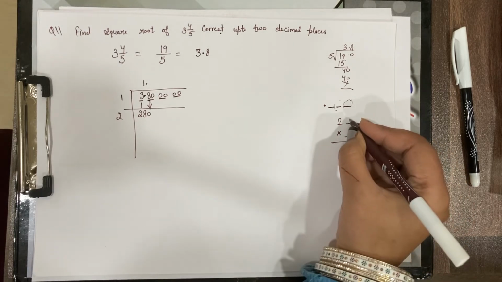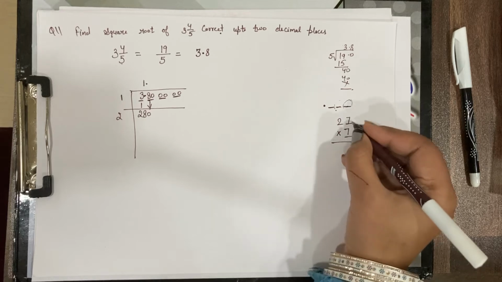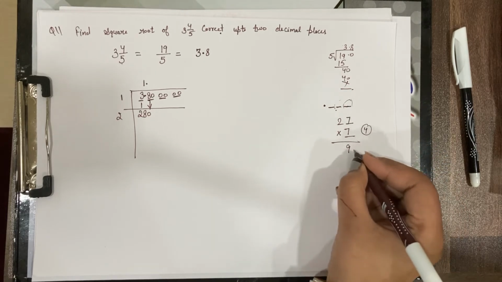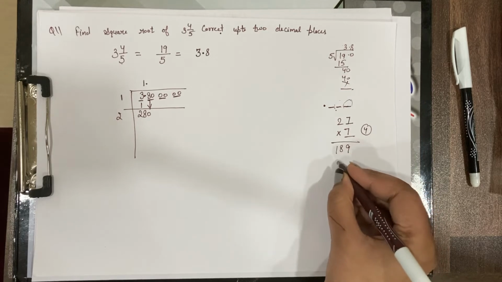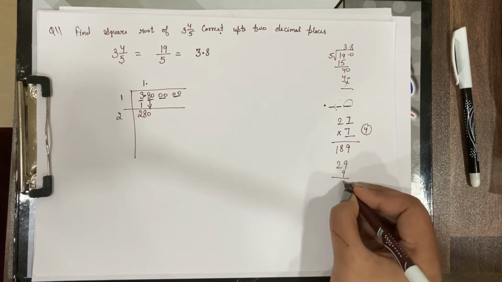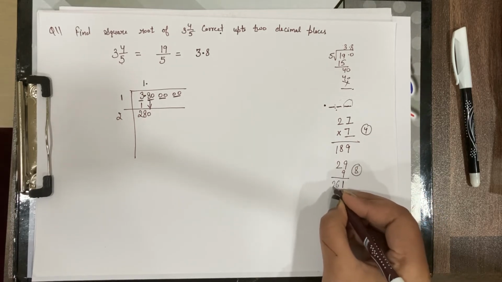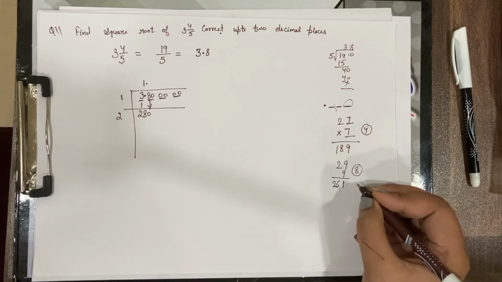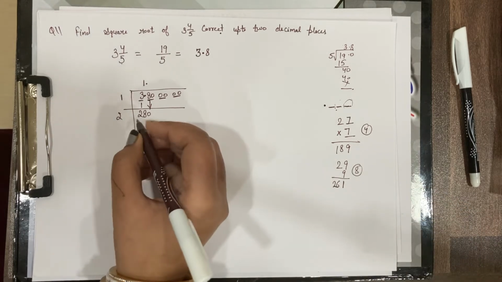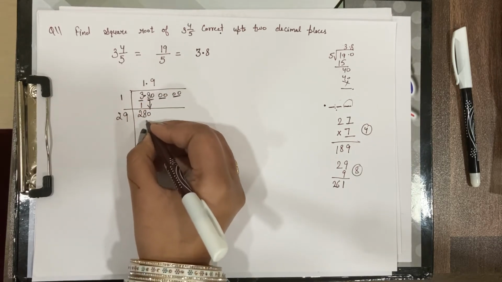Let us try 27 sevens are 189. Now let us try 29 nines are 261. So this is the number. When you write it here, you'll get the answer. That is 9 here, 9 here, and 261.